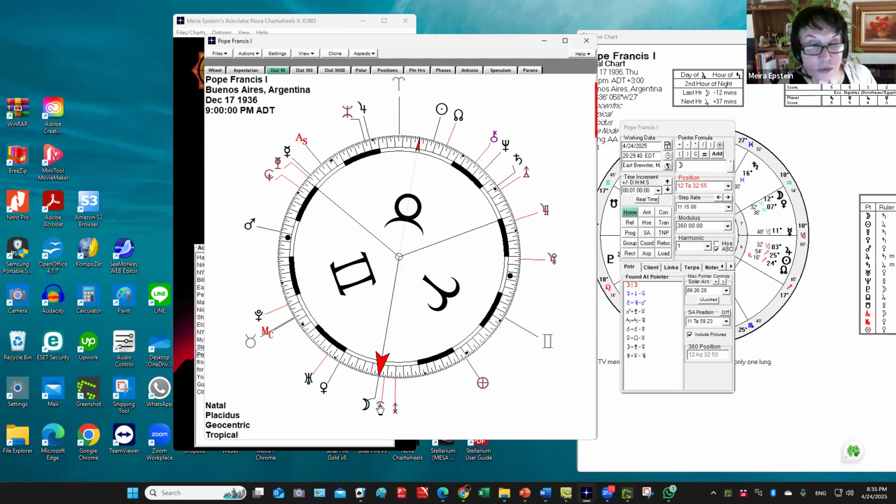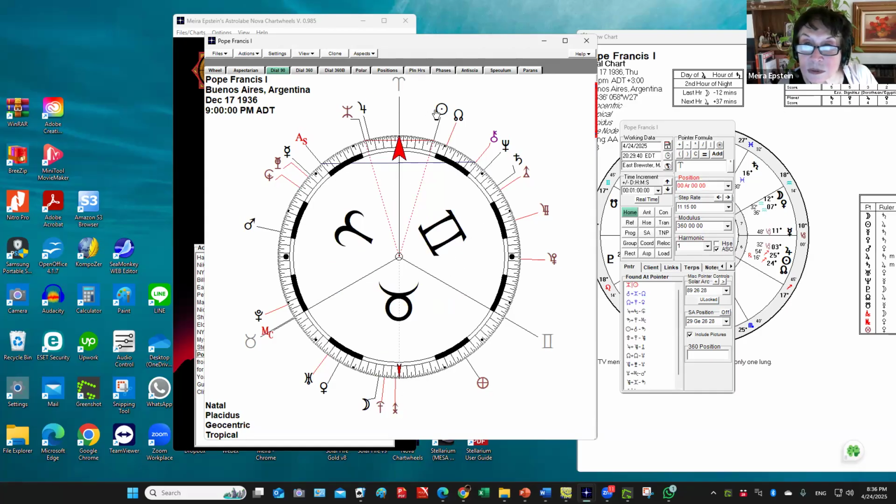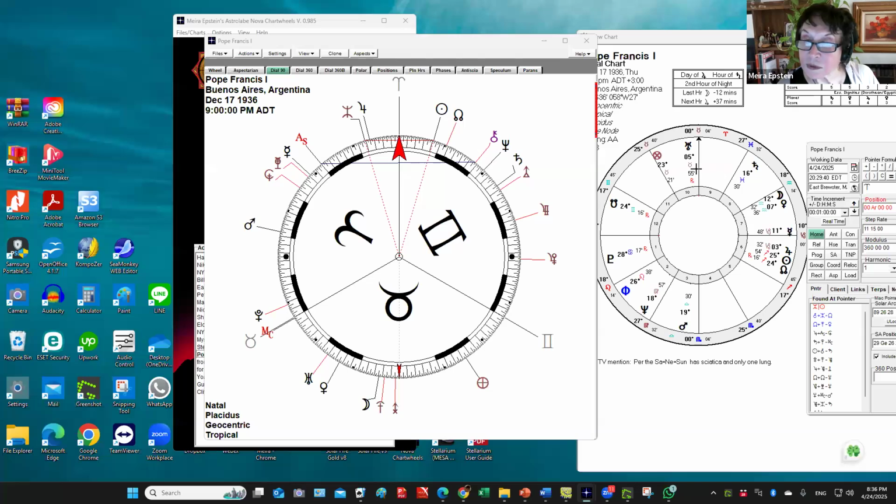I'm pointing out that these are things that I would look at when I move into the dial. I would look for combinations with these Trans-Neptunians and what additional information it can give me. If I go back to the Sun and Poseidon and try to look for it in the regular chart, I'm not sure.